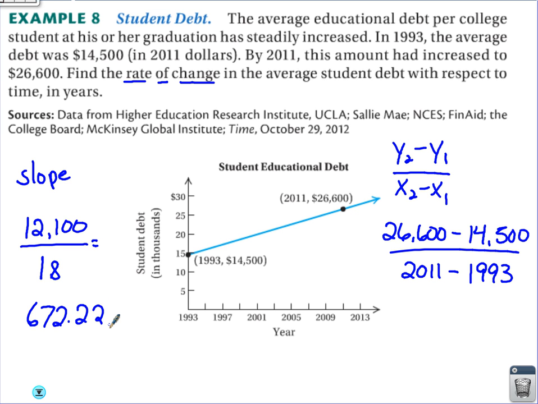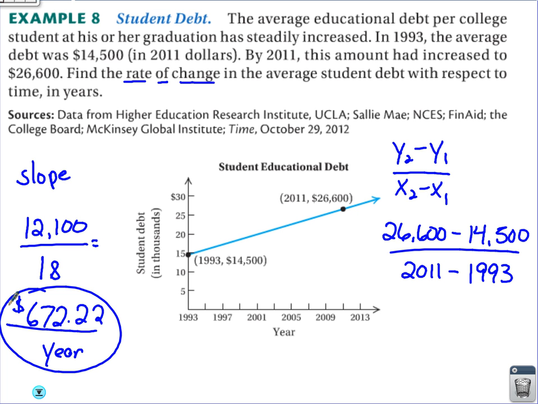Let's talk about what that gives us. If our debt changed $12,100 over the course of these 18 years, and we divide that debt among the 18 years, that's telling us that we're changing by about $672.22 per year.